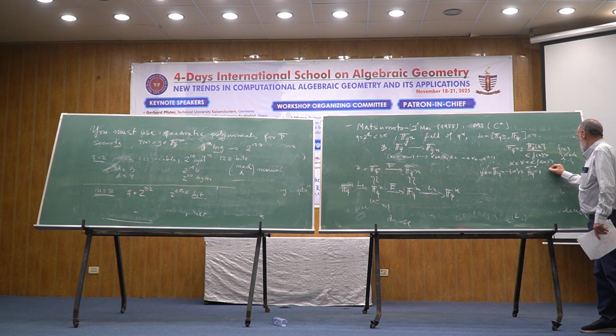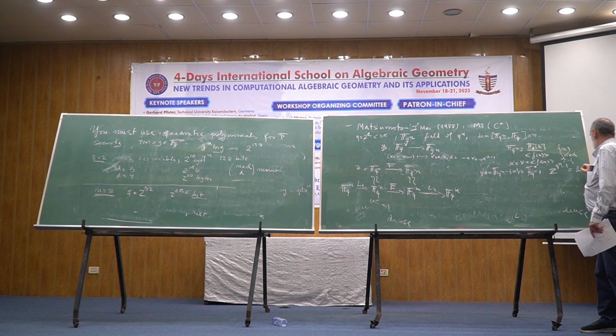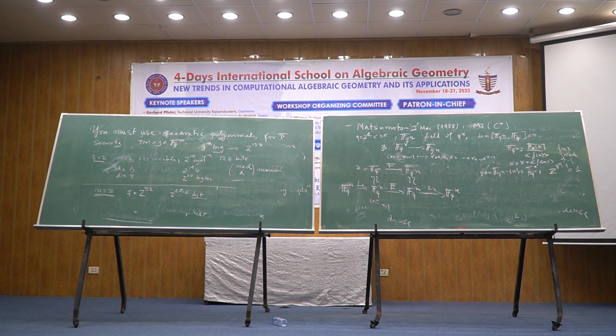So that means that z to the q^n minus 1 is equal to 1. All right? And then this gives you the way to get an invertible power. It's the easy way.